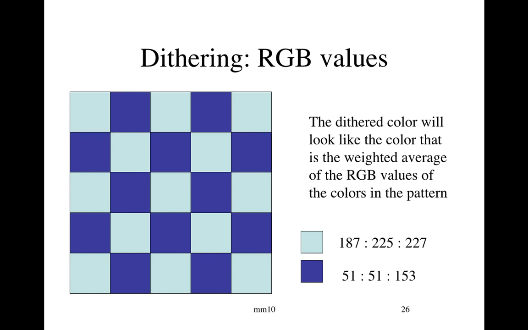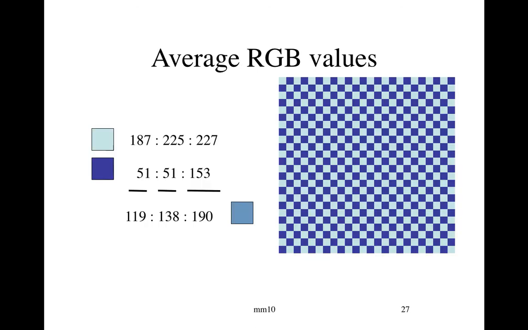So if we look here, the light blue has a red value of 187, and the dark blue has a red value of 51. So the average red value there is 119. The green value of the light blue is 225, and the green value of the dark blue is 51.